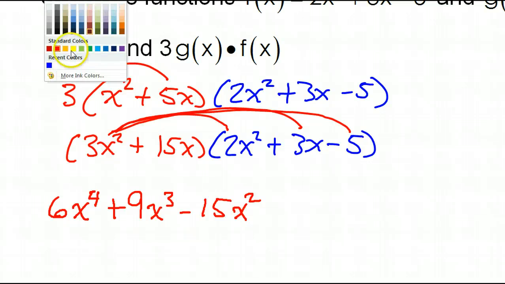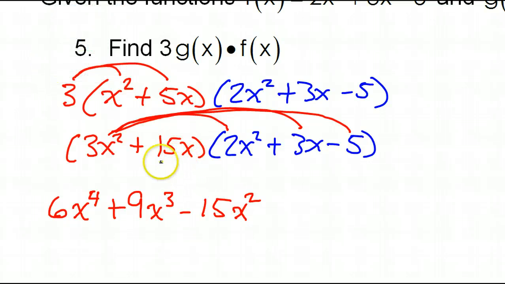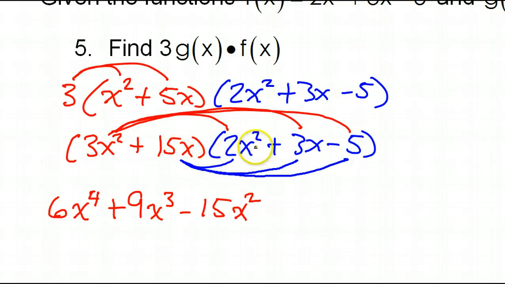Alright, now I will switch, and I will distribute the other term, 15x. So this 15x is going to have to be distributed like this. Okay, 15x times 2x squared. 15 times 2 is 30. X times x squared is x to the 3rd power. Now, I could write this down like this, plus 30x to the 3rd power.